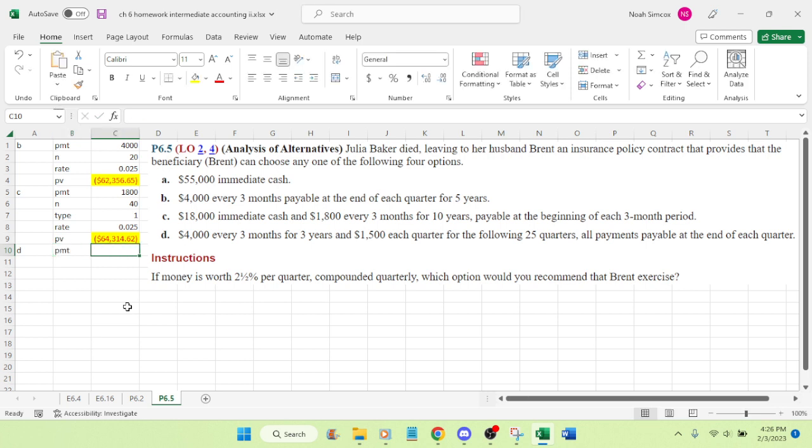Payment 4,000. 3 years, 3 times 4, 12. And then what? Oh, we have to do 2 things. So there's 2 parts. The first part is this rate of 0.025.